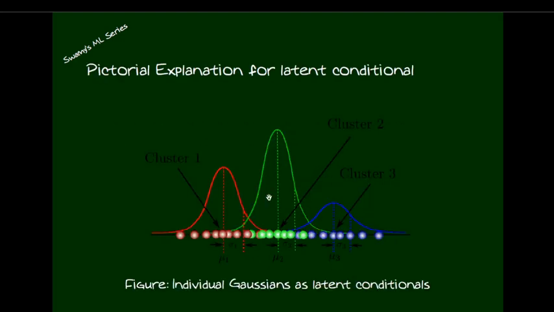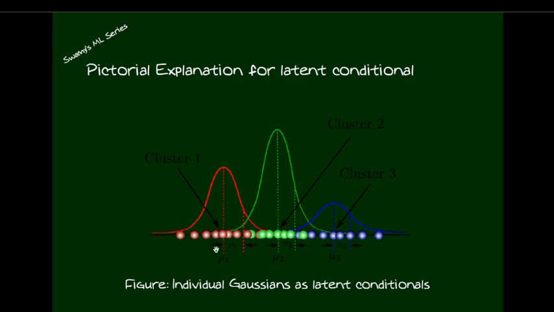Now we are going to represent this using a simple figure. See, I have three clusters. Cluster 1 is denoted by red, cluster 2 by green, and cluster 3 by blue. These are the real data points. The red data points belong to this cluster because of one latent variable, and also the green data points belong to the green cluster because of some latent variable, and likewise for the blue data points.